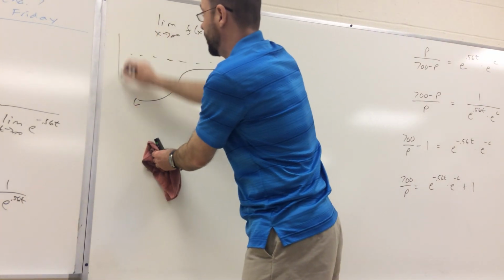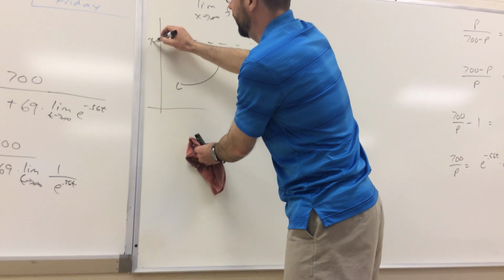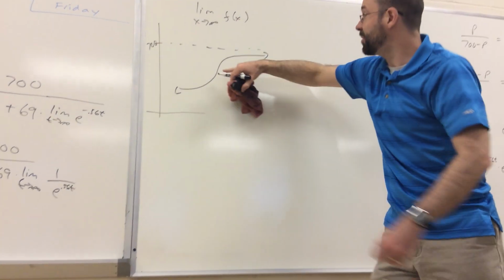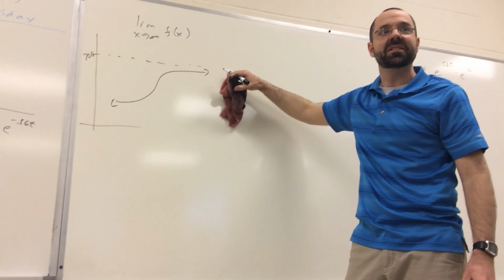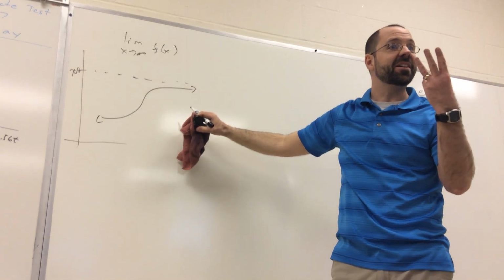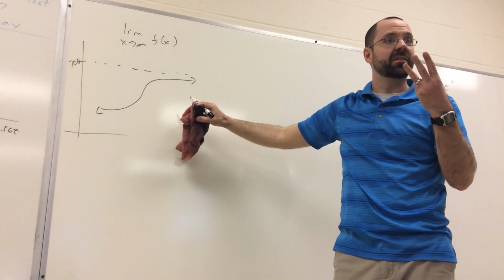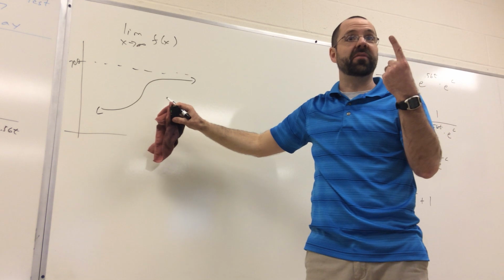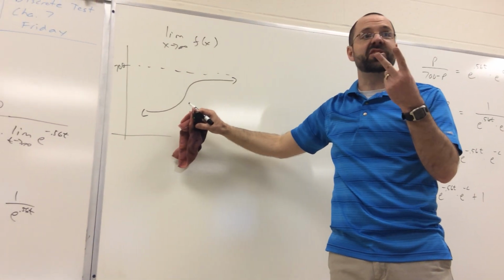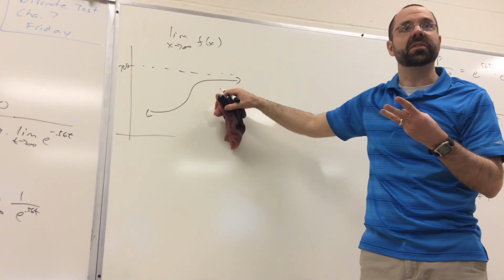So apparently for this problem, that's at 700. And the population is getting closer and closer to that. So that's 3 ideas about what the carrying capacity is. There's the biological definition, there's the mathematical definition, and then that's the horizontal asymptote.